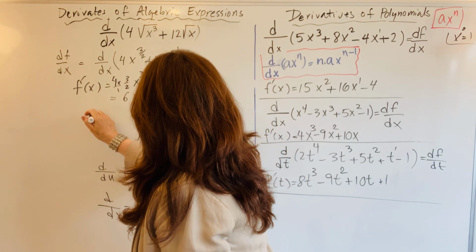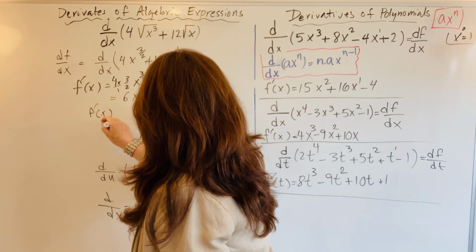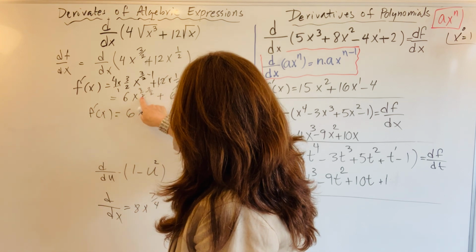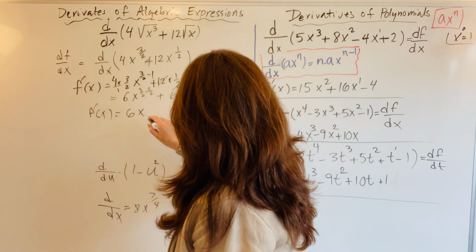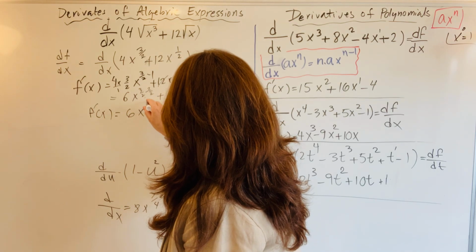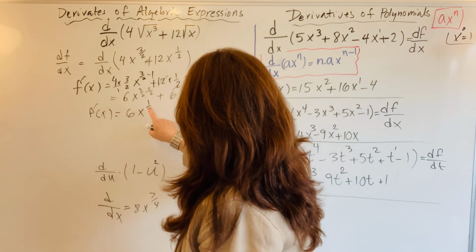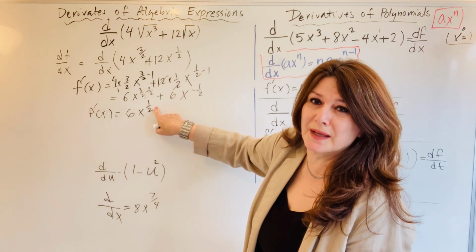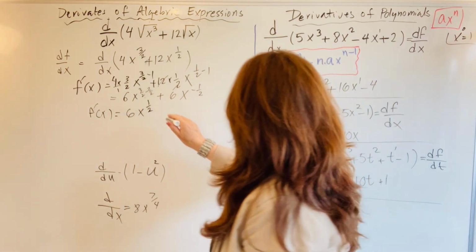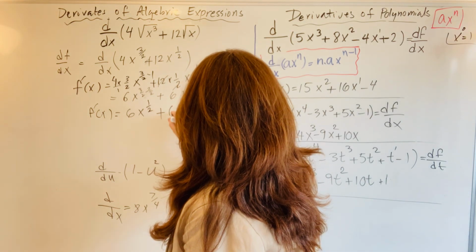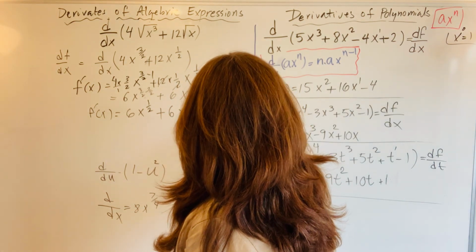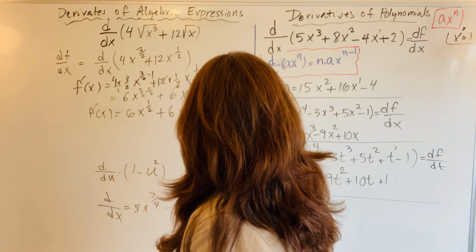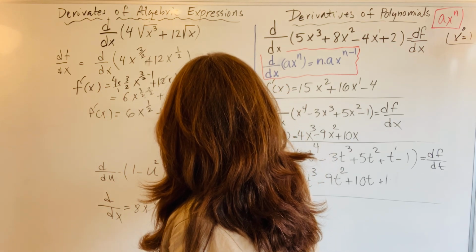And now we have f prime of x, just simplify this one: 6 times 3 over 2 minus 2 over 2, how much is it going to be? 1 over 2. When the exponent is a fraction, you know that we have a radical. Plus 6 times x to the negative half. Yes, this is the final answer.